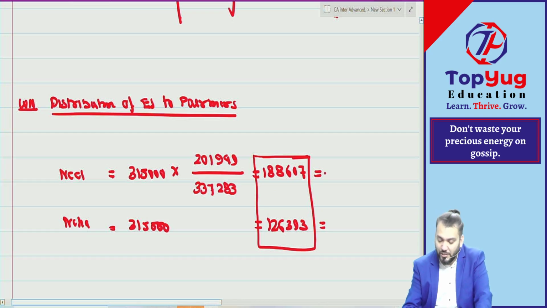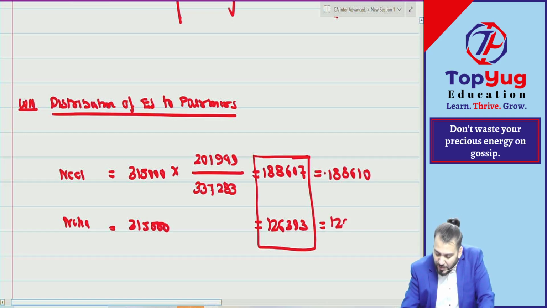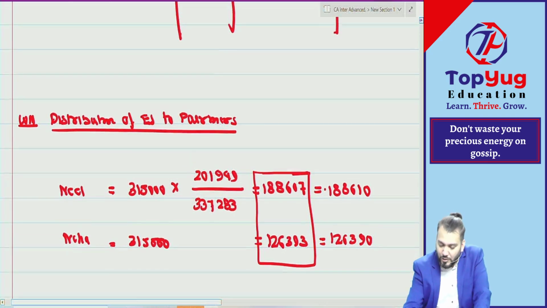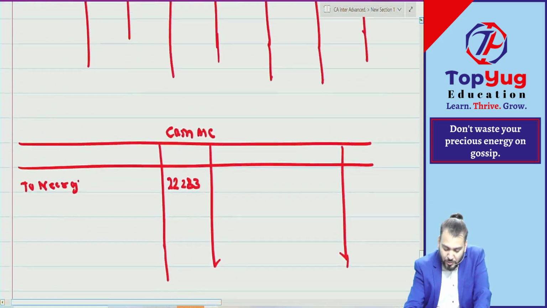Are you able to understand? So it will be 1,88,610 here, and here we'll do 1,26,390. So this much equity shares will be allocated. Understood this point? Correct.